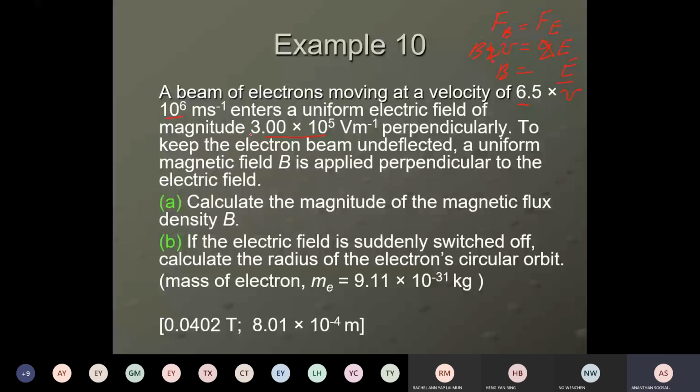So you got 0.0402 Tesla. I hope you understand part A: Fb equals Fe when the charge is undeflected.